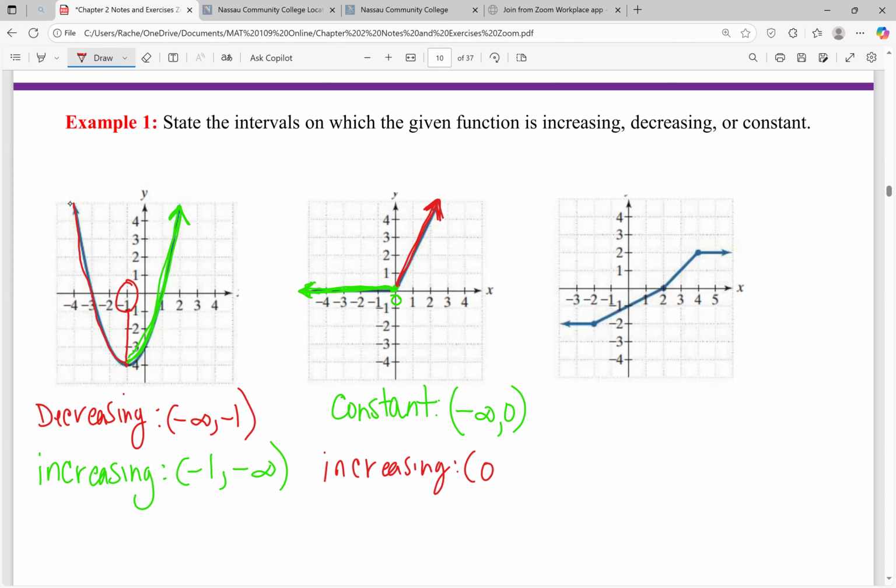When we simplify, we get x equals negative y times negative y, which is positive y squared, plus 6, which is the same as the original equation, right? Since they're the same and we just checked for symmetry with respect to the x-axis, it has symmetry with respect to the x-axis.